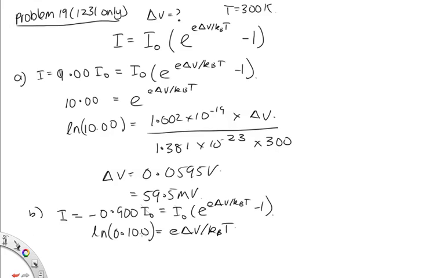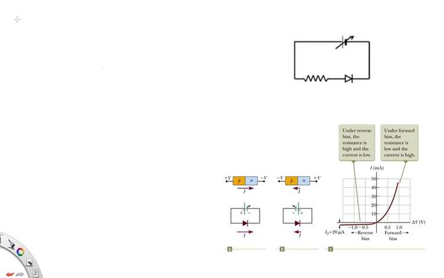This ends up as a negative number, so our final number is going to be negative. So we just substitute in these same numbers again, and we end up with delta V is equal to minus 0.0595, which we can write as minus 59.5 millivolts.